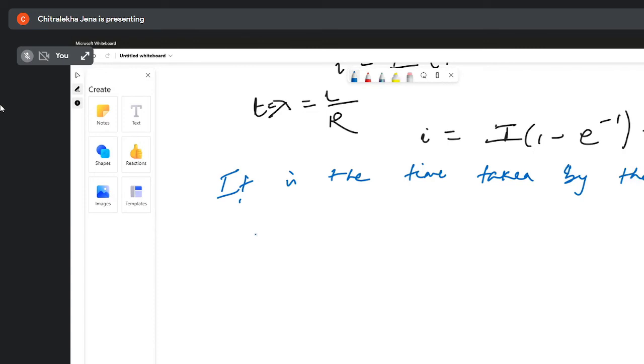To reach 0.632 I, to increase its value to 0.632 times of what?